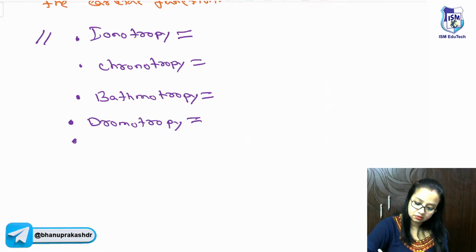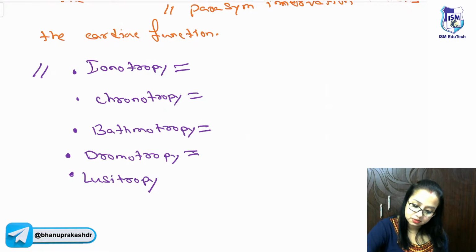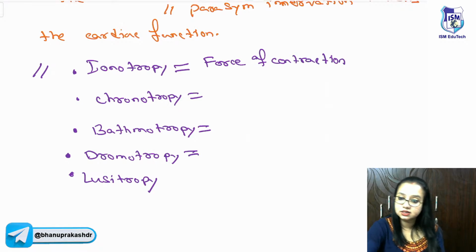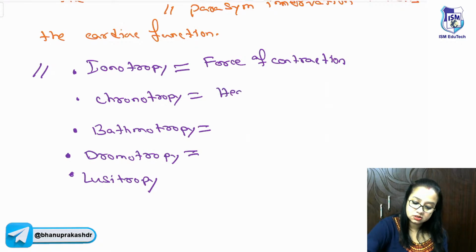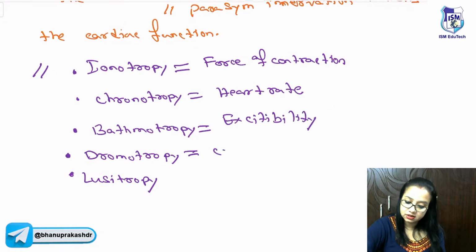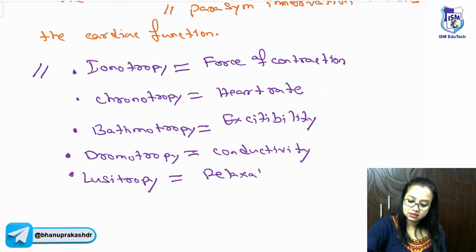We also have lusitropy. So, inotropy means the force of contraction. So, force of contraction is termed as inotropy. Chronotropy is the heart rate. Bathmotropy is the excitability. Dromotropy is the conductivity. And lusitropy is the relaxation.